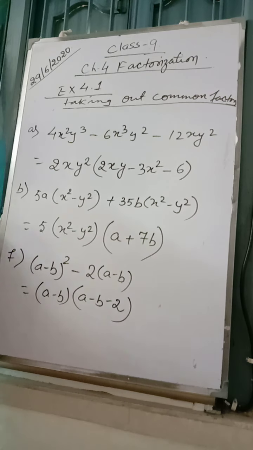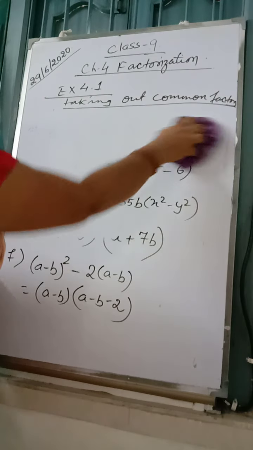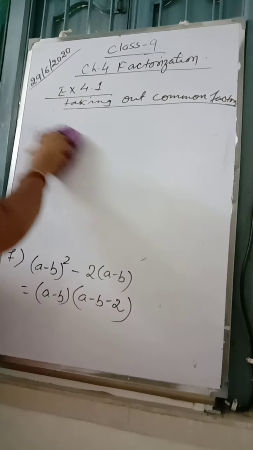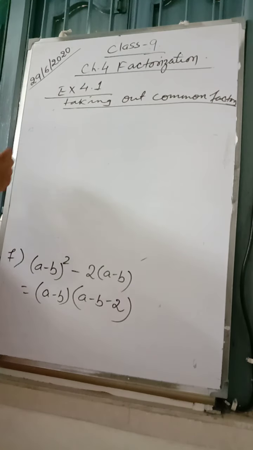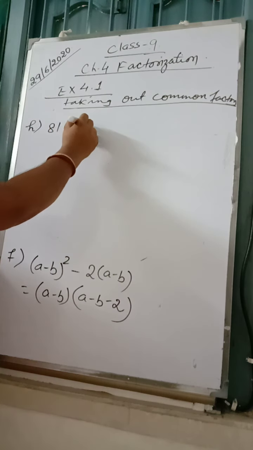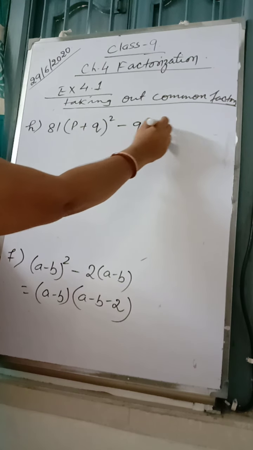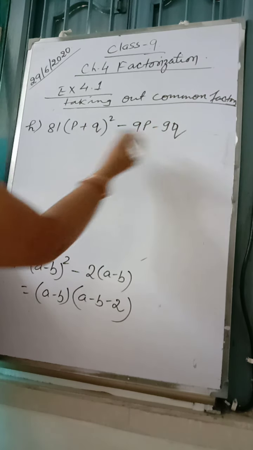Then look at number H. It is given 81 into P plus Q whole square minus 9P minus 9Q.